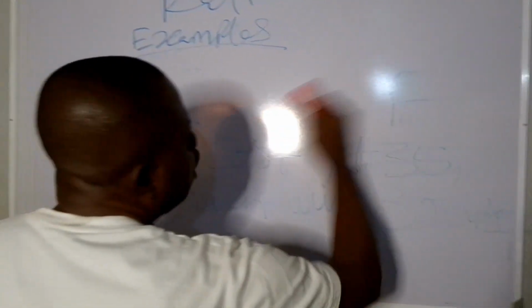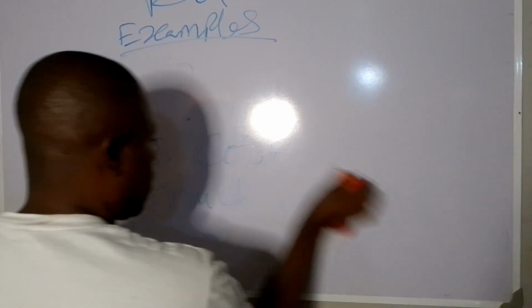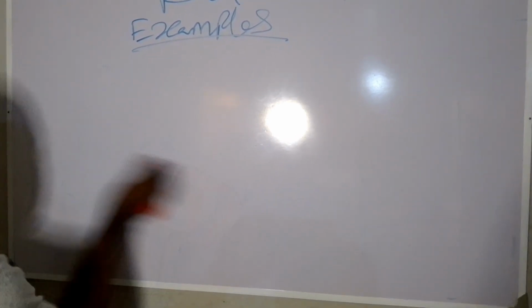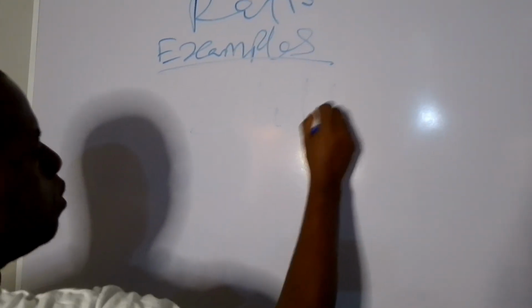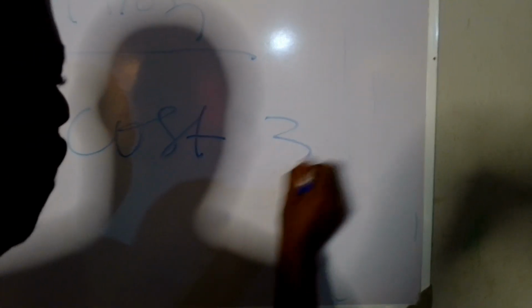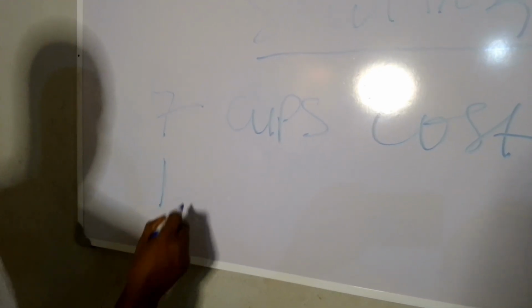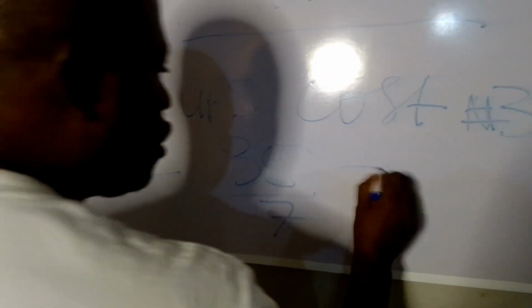Anytime you want to solve a question, you start with the word solution. It says, if 7 cups cost 35 naira, it means that 1 cup will cost 35 divided by 7, which is 5 naira.